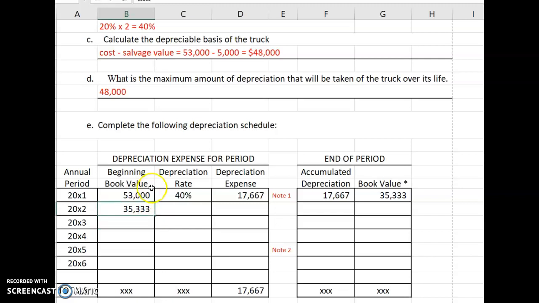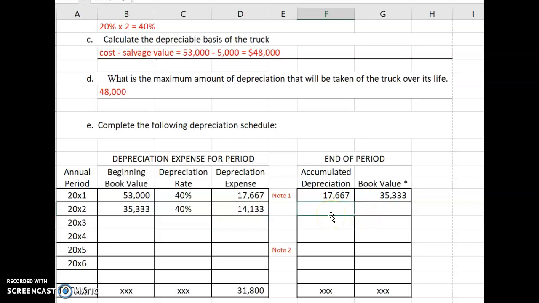The rate does not change. And the calculation method does not change. Simply multiply the doubled rate times its declining balance. So depreciation expense for year 2 is $14,133.